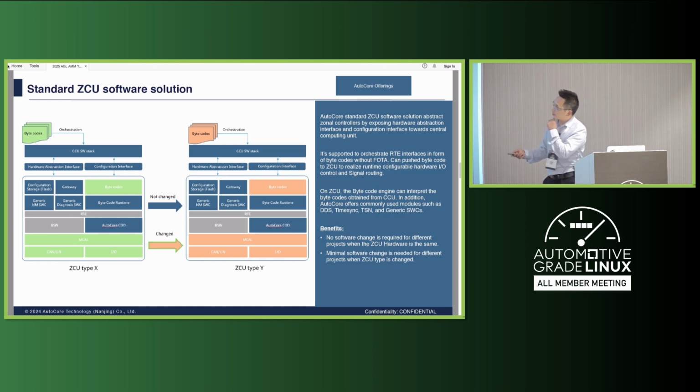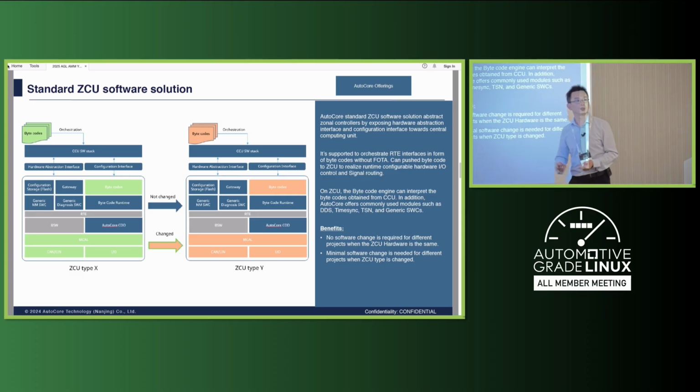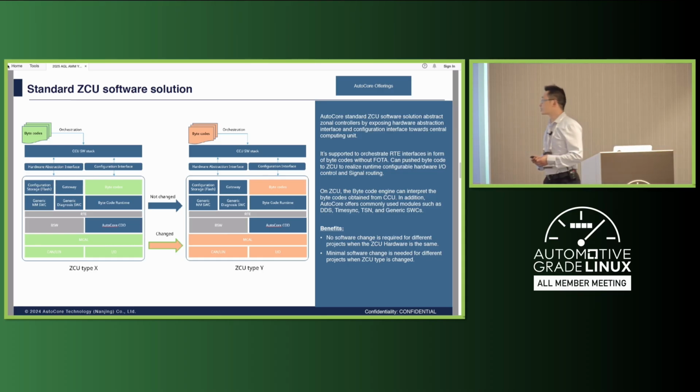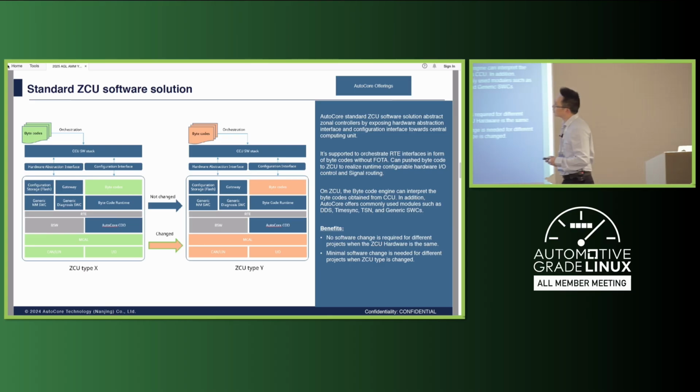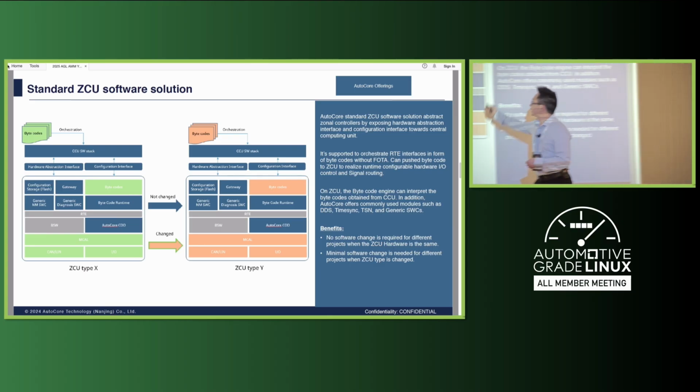So this is a typical MCU-based zonal controller. Typical examples of silicon you can use: Infineon TC397, NXP S32K, and ST Stellar. So you've probably seen this stack.